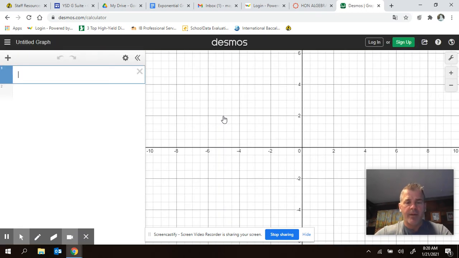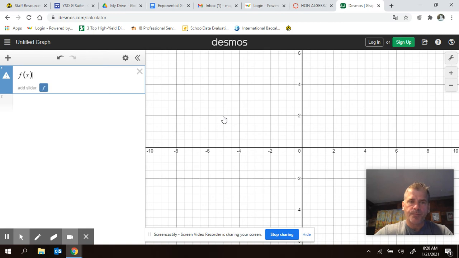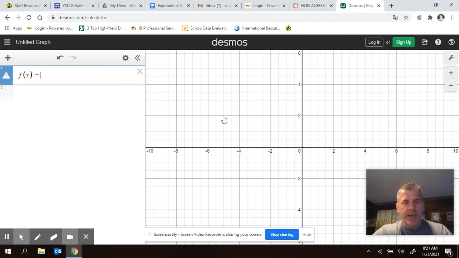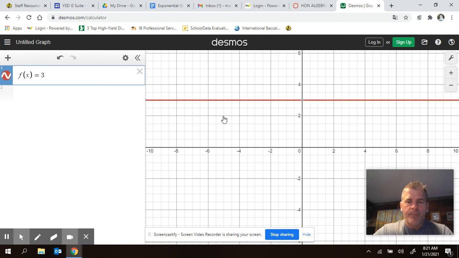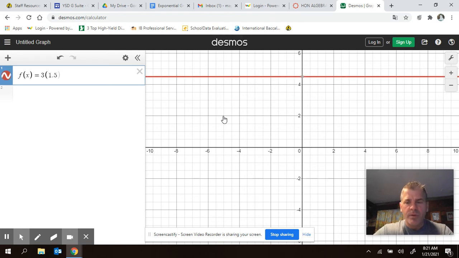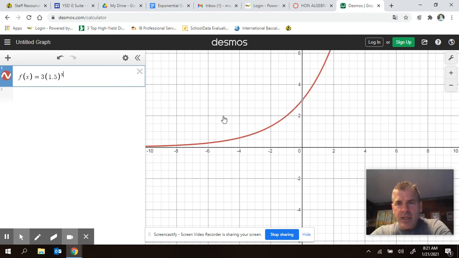We should expect that this function indeed will take off. So we go 3 times, and use parentheses here. You can use a times sign, but I like using parentheses when graphing on Desmos or a graphing calculator. And then we raise that to the x.